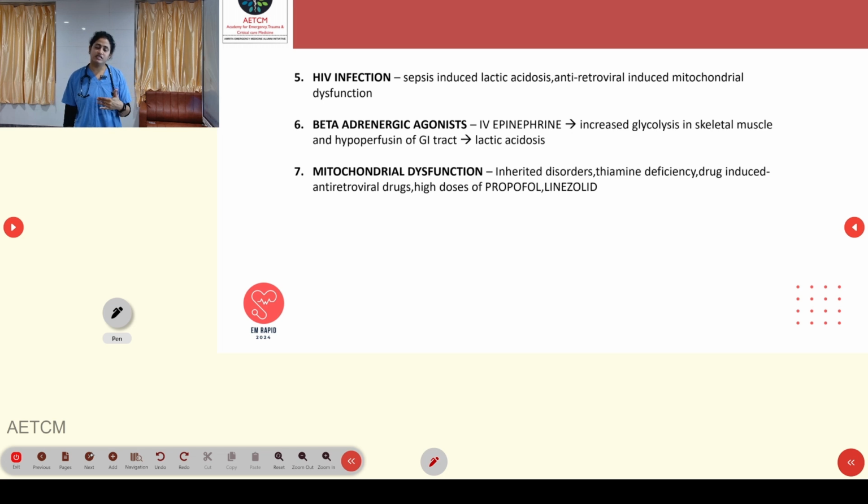It will cause increased glycolysis in skeletal muscles and hypoperfusion of the GI tract, and it causes lactic acidosis. Then mitochondrial dysfunction, that is inherited disorders, thiamine deficiency, and drug induced, that is antiretroviral drugs, high doses of propofol and linezolid can also cause lactic acidosis.